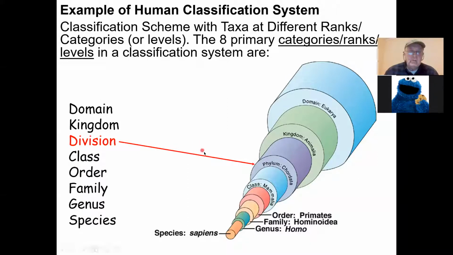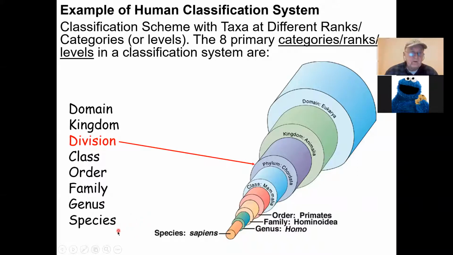Now, you can subdivide any of these. There's a subphylum of chordates, which are animals with a notochord. Within Chordata there is the subphylum Vertebrata, which means animals with a backbone. And so you can separate orders or families or some of these others, even subspecies.